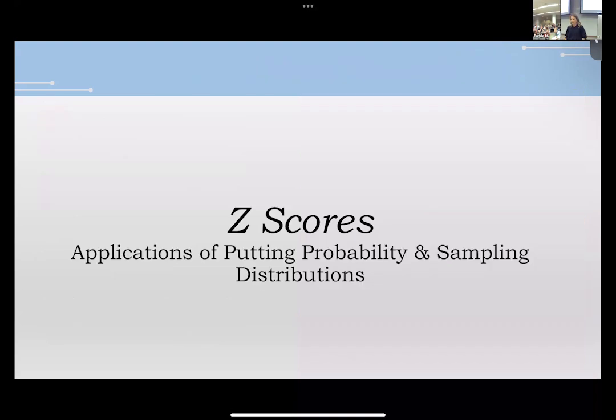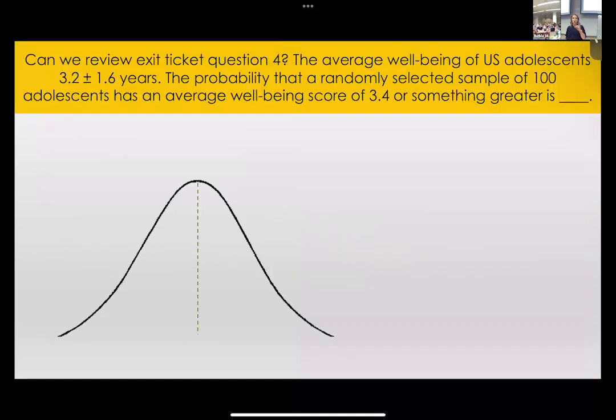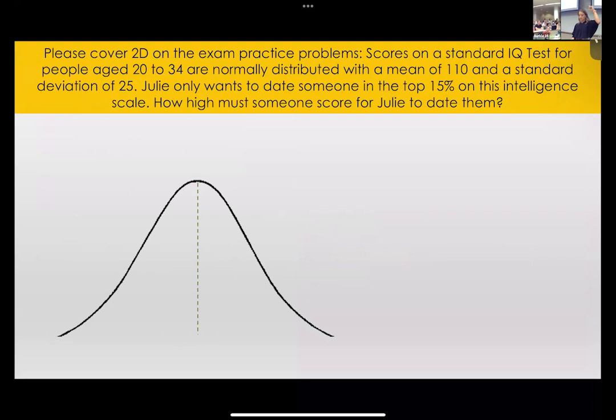Here's the plan with z-scores. You know there are going to be z-score problems on the exam, both single score z-score problems and sampling distribution z-score problems. I put all of your sample problems on a separate slide.